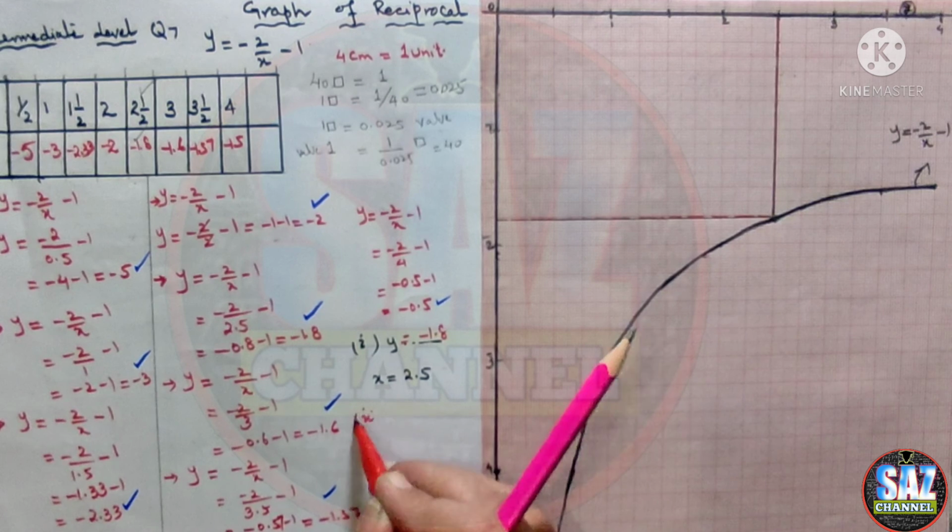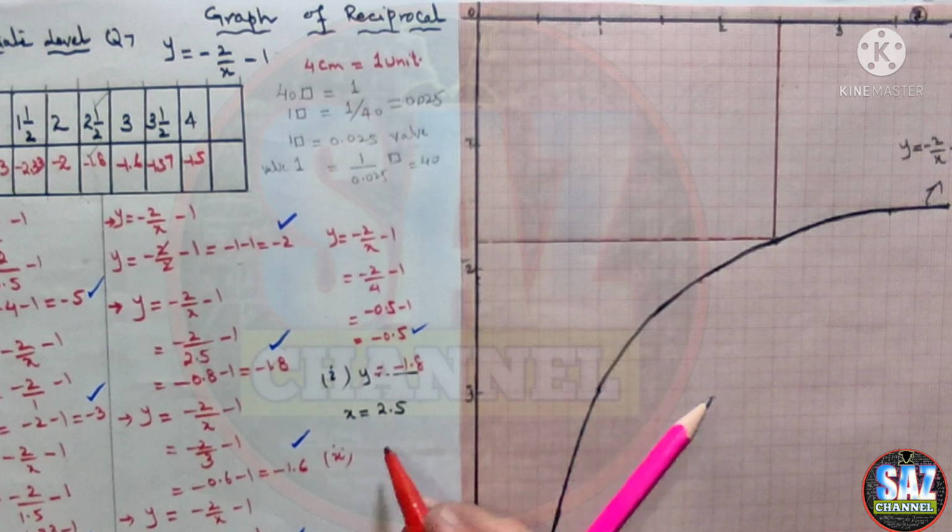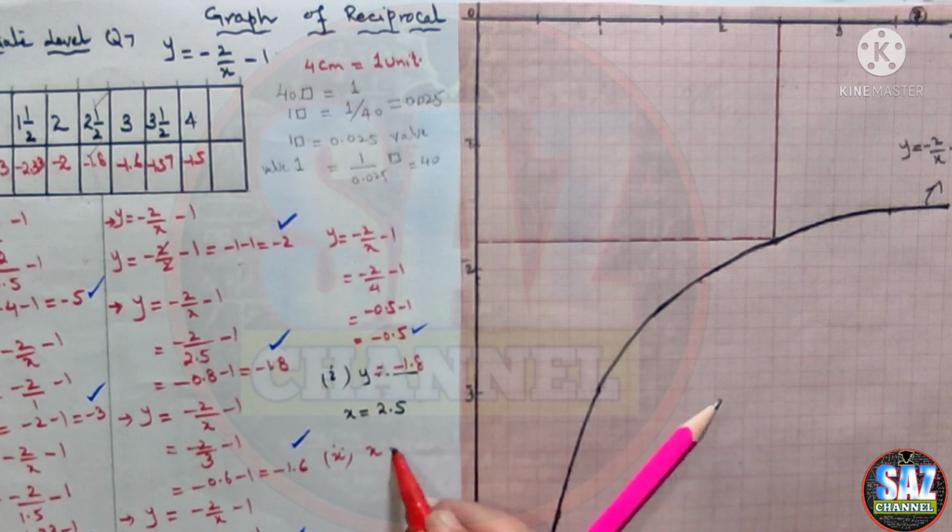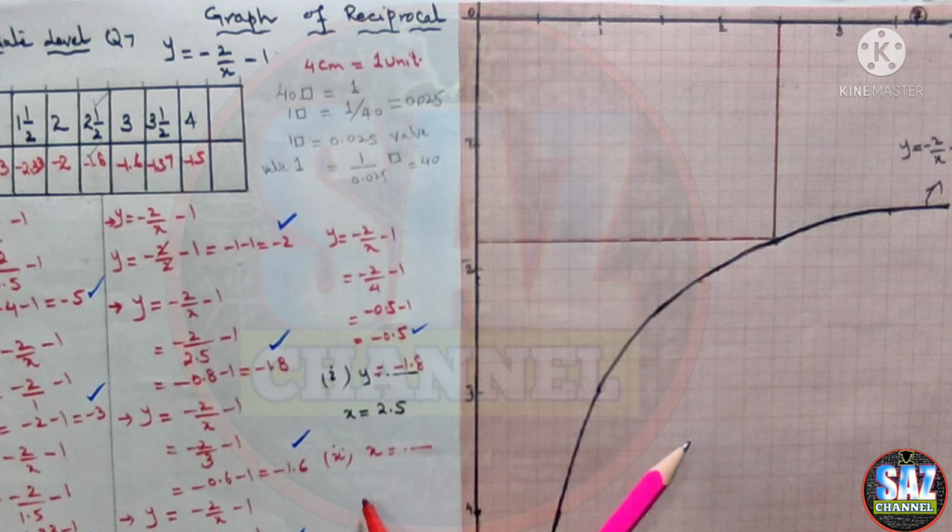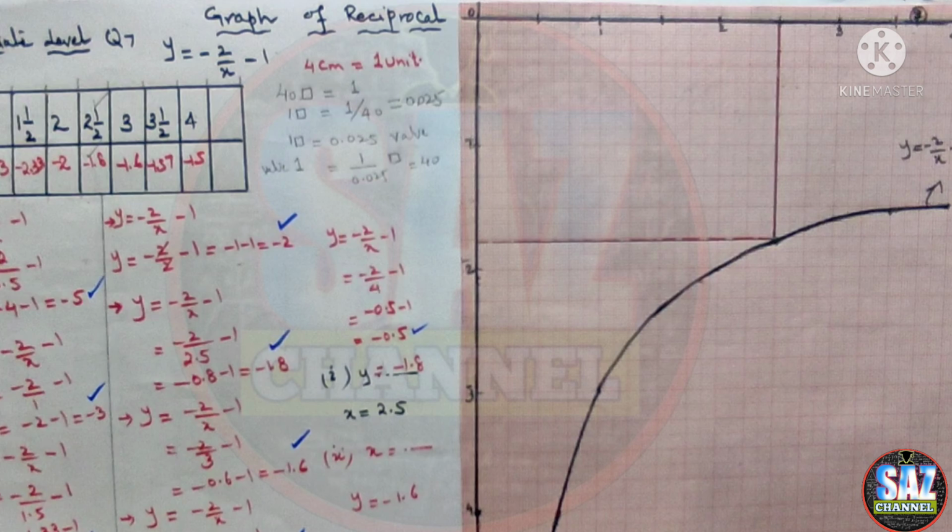And the second part is that we have to find x when y is minus 1.6. So first locate the position for y minus 1.6. How many blocks do we need to move? 1.6 divided by 0.025 is 64 blocks.